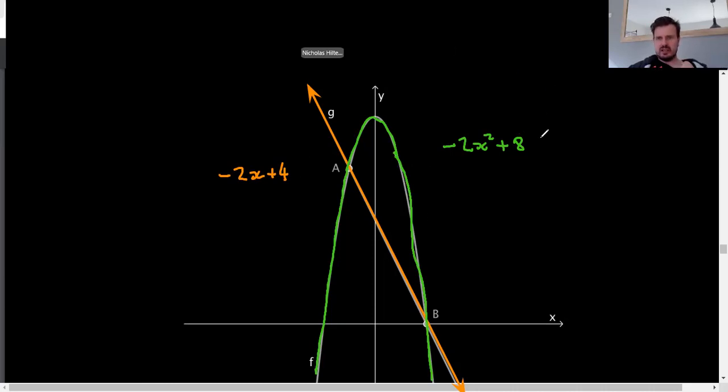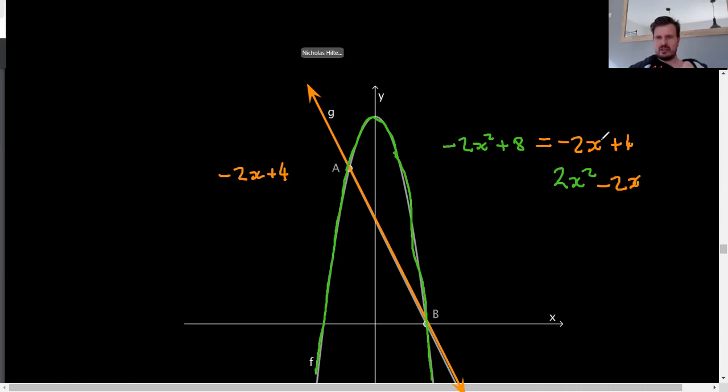So I can just say equals negative 2x plus 4. Let's take the green over to the right-hand side because then we have positive 2x squared, which is easier to deal with. Minus 2x.